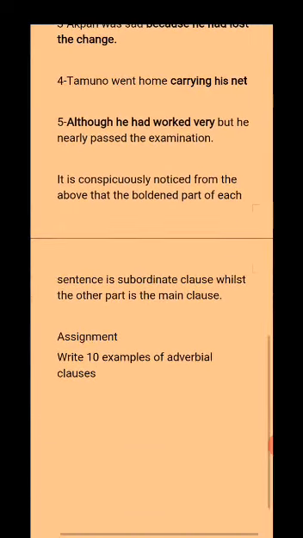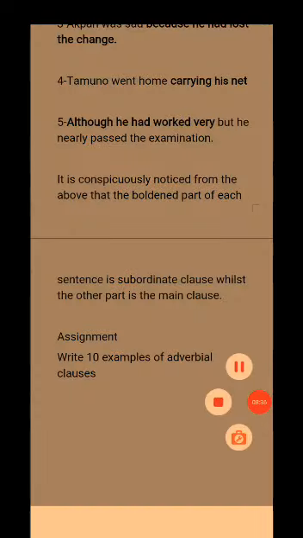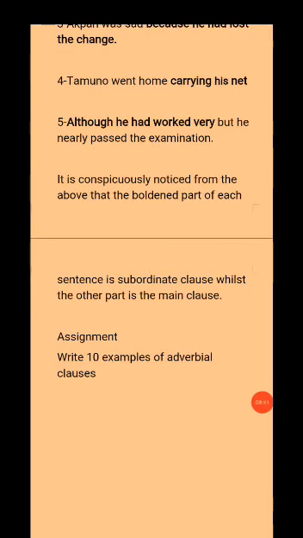It is conspicuously noticed from the above that the bolded part of each sentence is the subordinate clause, while the other part is the main clause. What we did is that we tried to use a particular method to differentiate between the main clause and the subordinate clause: we bolded the subordinate clauses in the examples.